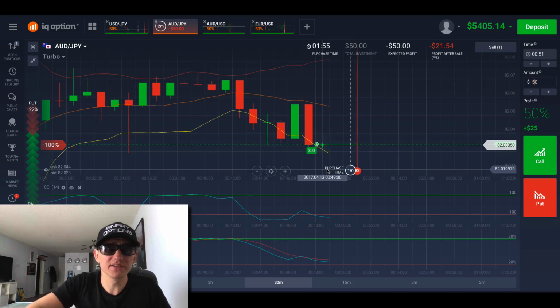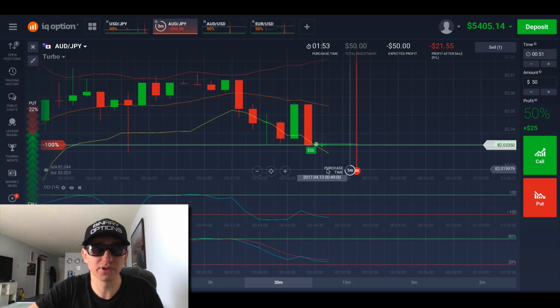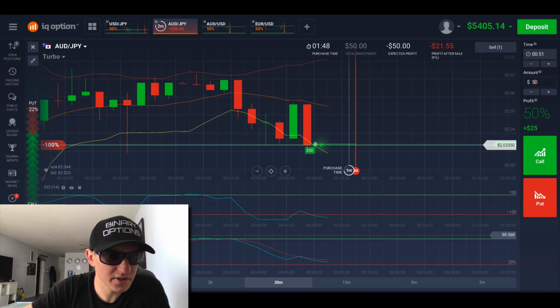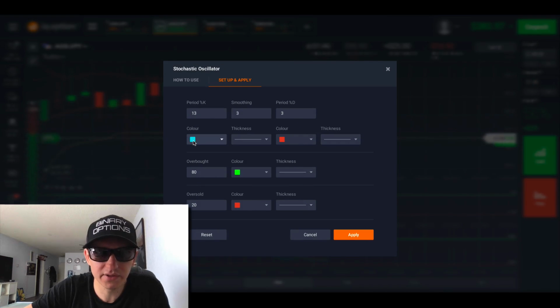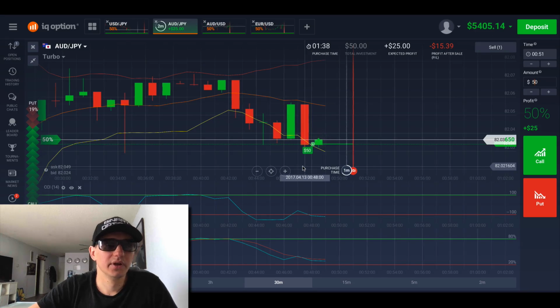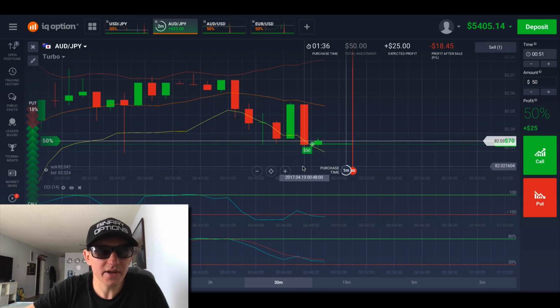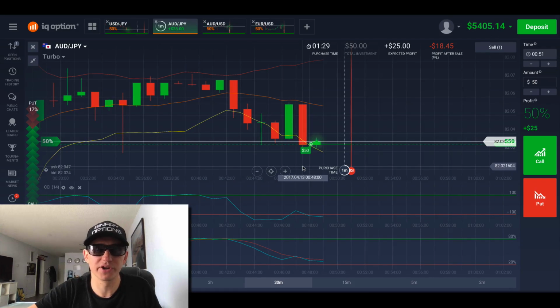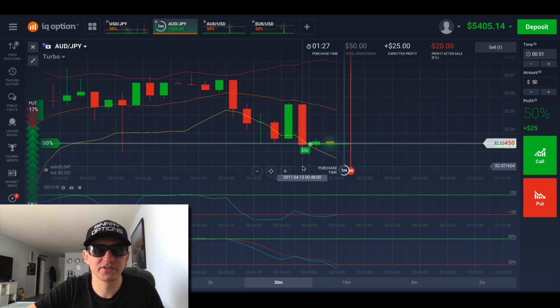So as you see, stochastic oscillator consists of the two lines, the K line and the D line. K line is blue and D line is red. So the K line measures how the current closing price is in relation to the total price range for the defined time period.